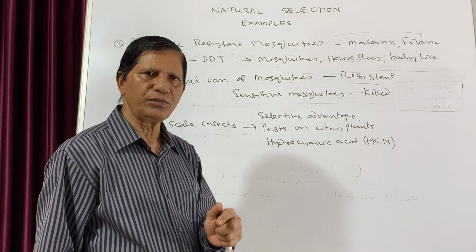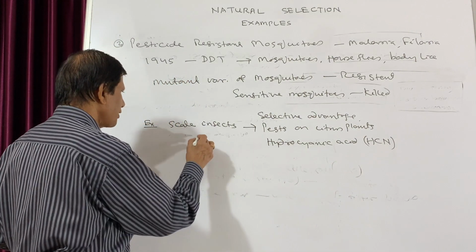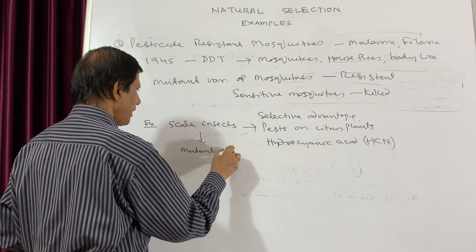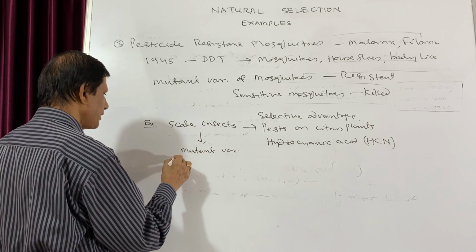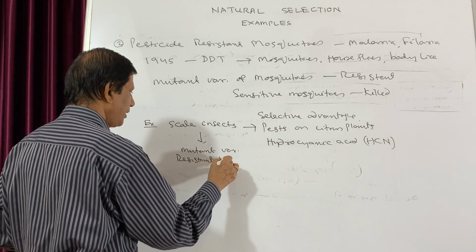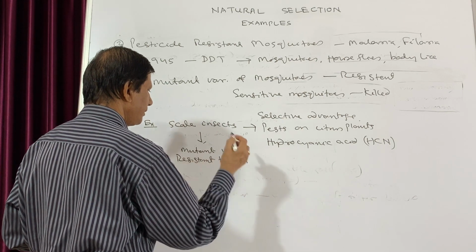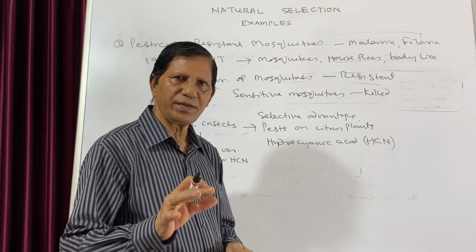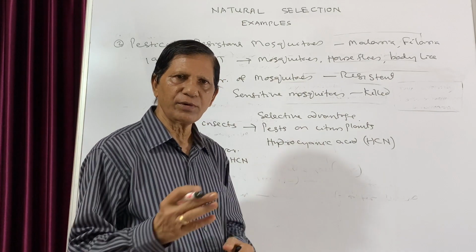But it was found that there are some mutant varieties which we can call resistant to hydrocyanic acid. So when the hydrocyanic acid was applied, those which were very sensitive were killed.